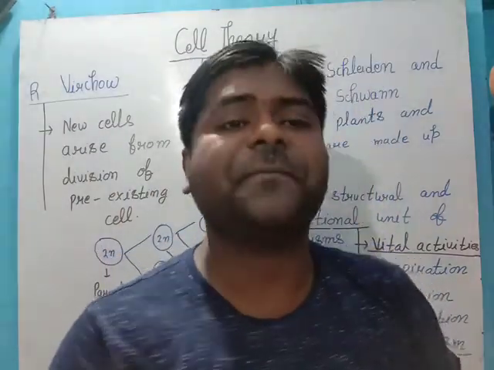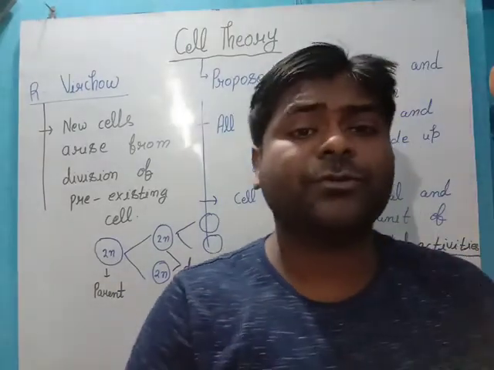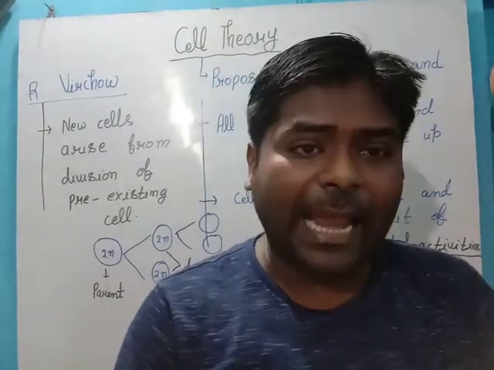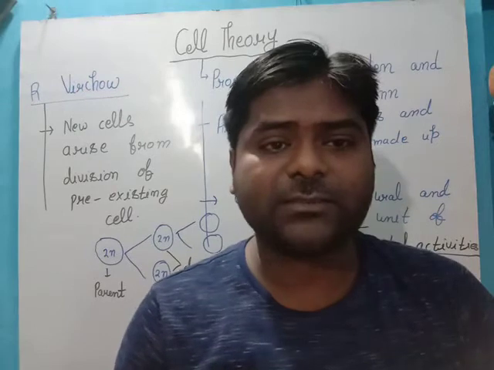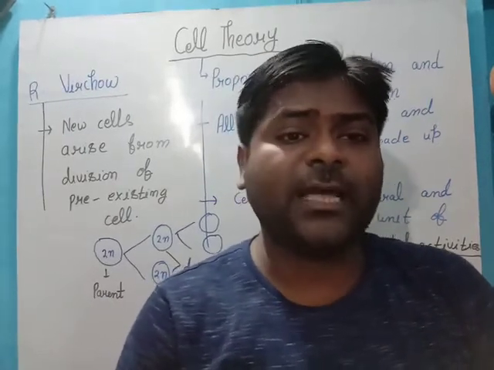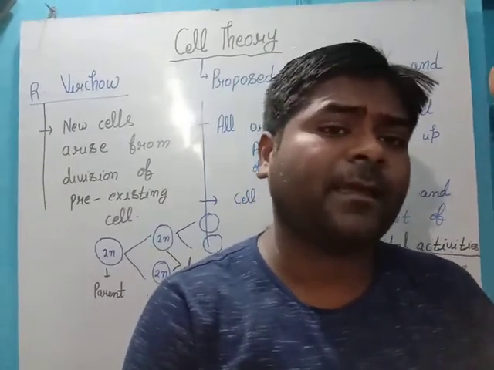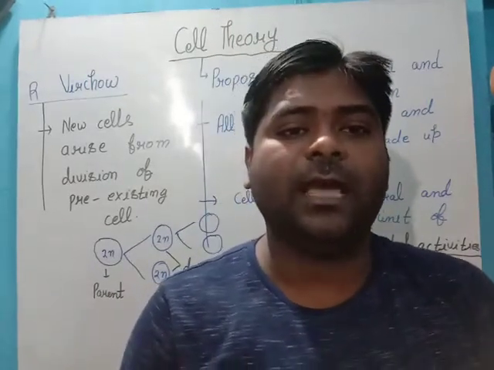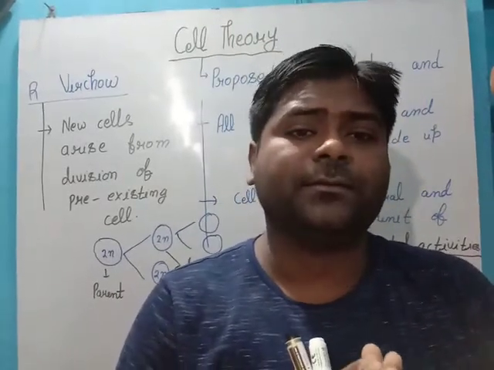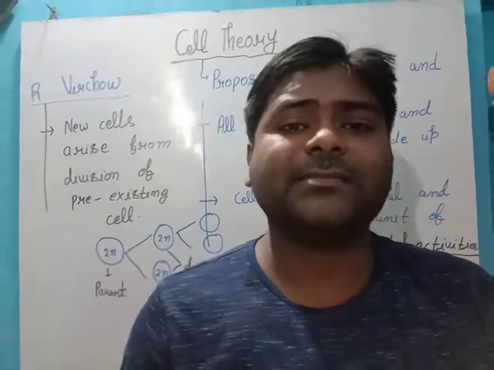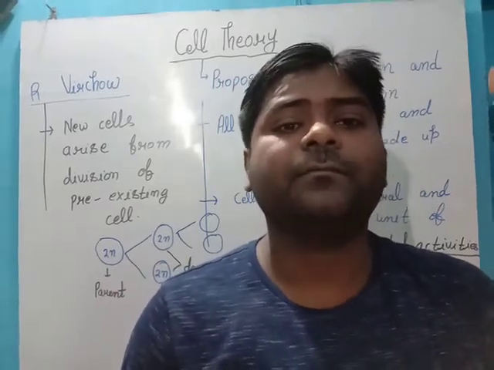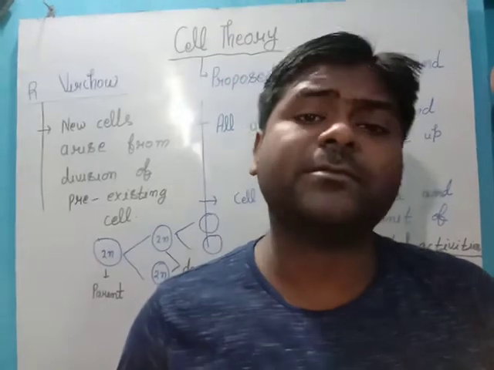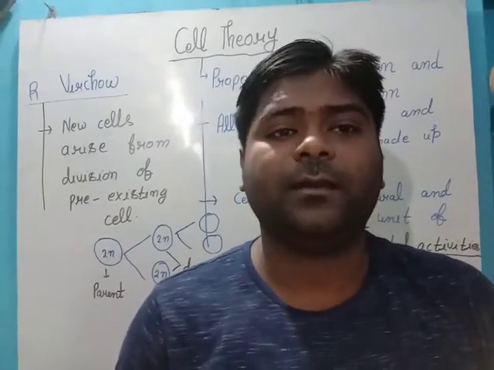That is the concept given by Rudolf Virchow. And after addition of this point, cell theory has transformed into modern cell theory, and we got the answer from where in multicellular organisms new cells are coming.